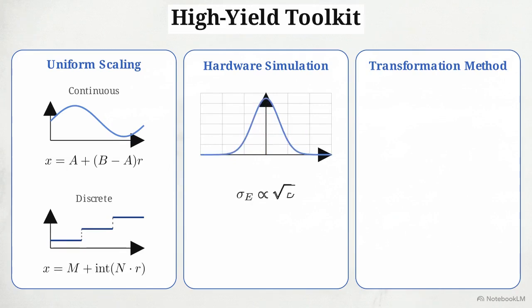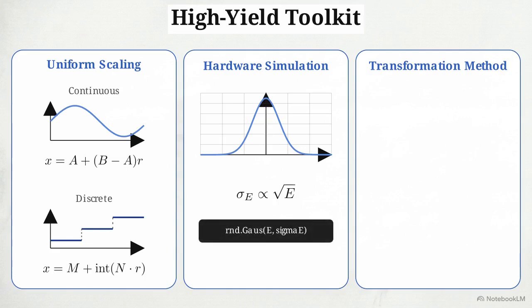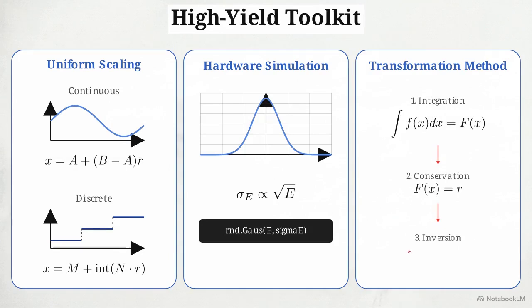Because counting particles is a statistical process, your standard deviation calculation will almost always involve the square root of the system's energy. Third, when faced with a custom probability curve, write down the 3-step transformation algorithm immediately. Integrate your function to find the CDF, set it equal to r, and invert to solve for x.